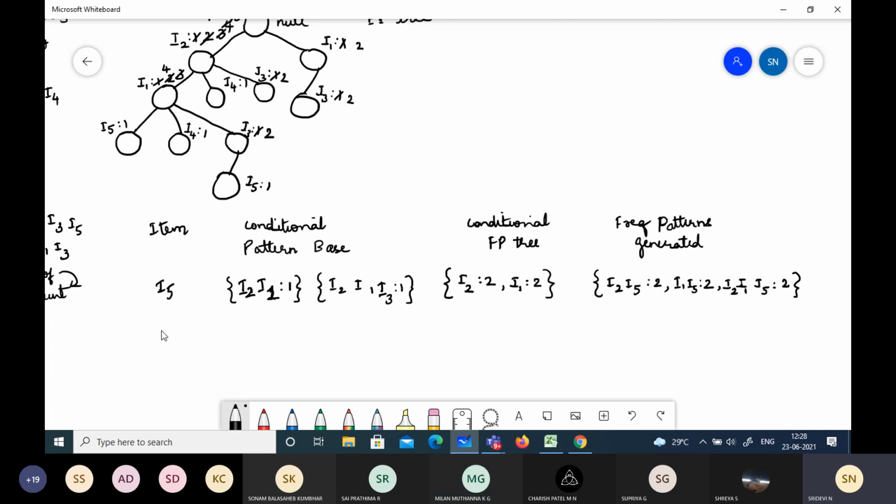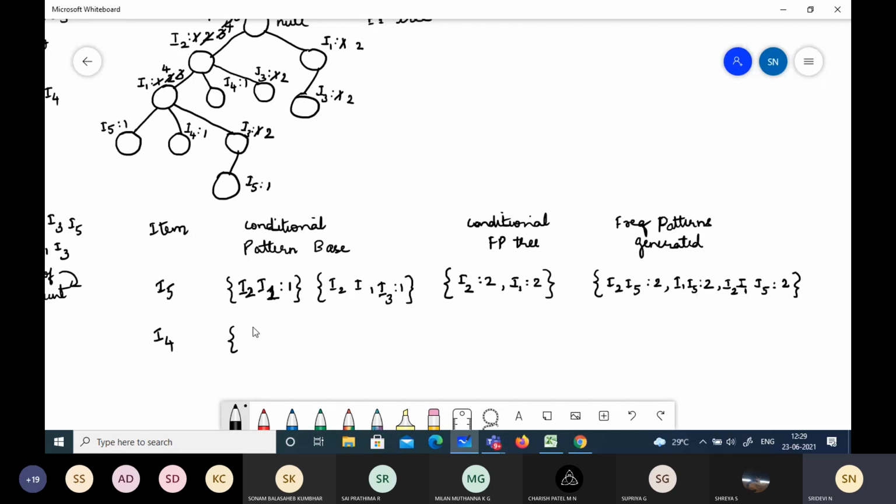Okay. Got it. Next, for I4, let's check here. You check here I2, isn't it? I2, I1. Let's move first in this way. I2, I1, and here we have I4.